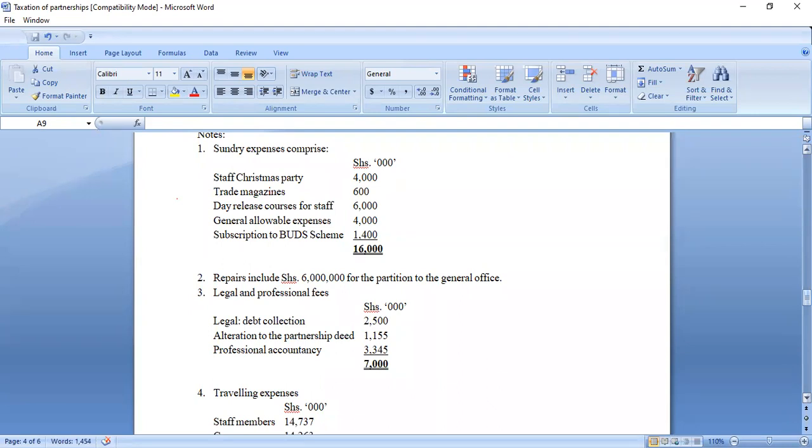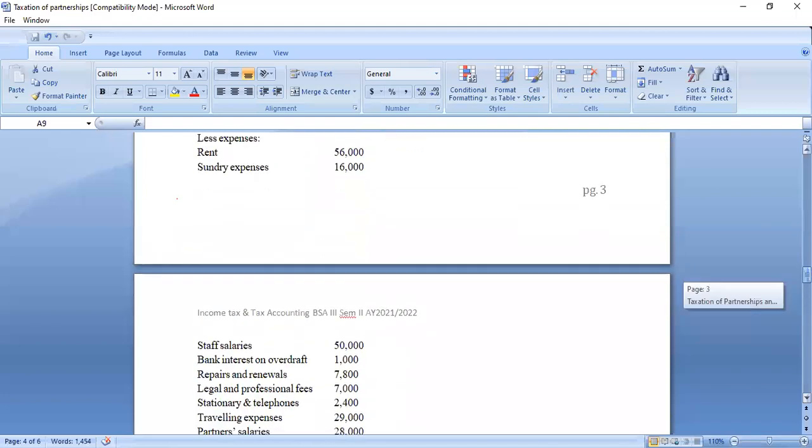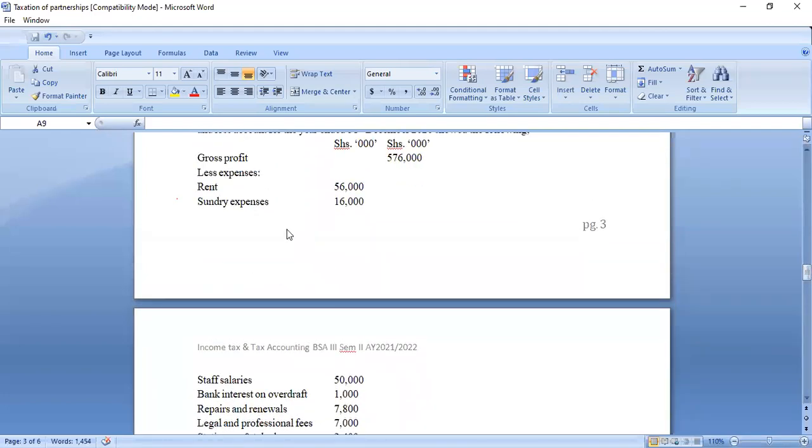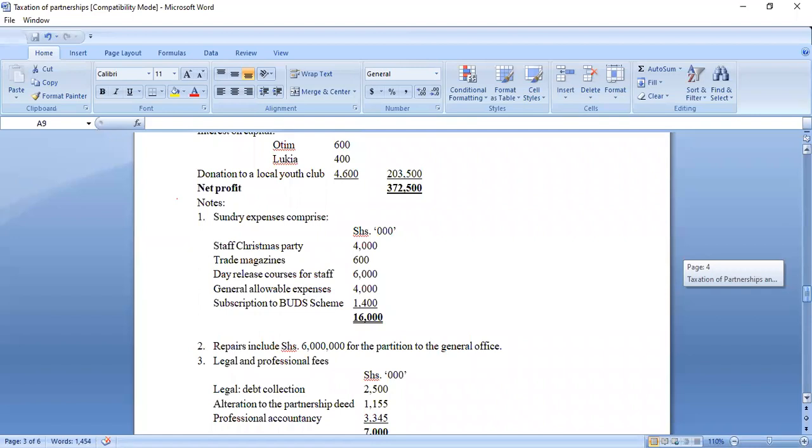Now there are two ways of doing this. One is you get this sundry expense item. If you check your profit or loss, you'll find that sundry expenses are part of the expenses, and they're 16,000. Part of the 16,000, 1,400, is non-allowable. So someone would say, let me just add the 1,400 since it's non-allowable, and you're fine once you do that.